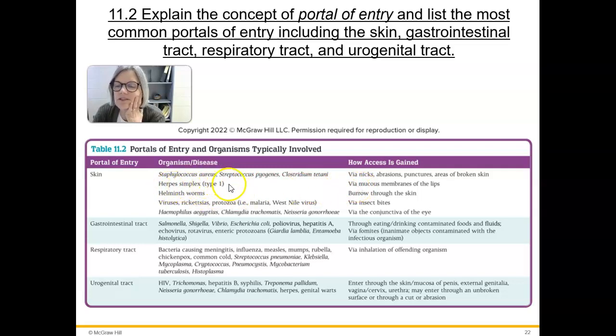Here's herpes simplex type 1. That's cold sores, through the mucous membranes of the lips. I'm recovering from one of those right now. Somewhere along the line, I got some of that virus that went through the little cracks in my lips, or through the mucous membranes.